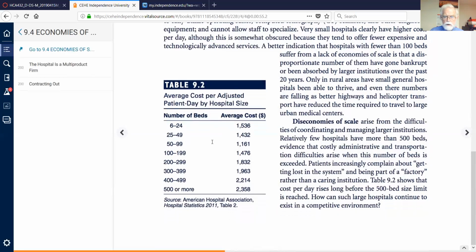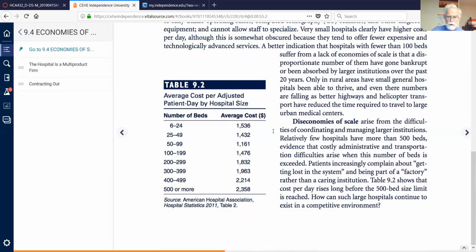And a large part of that, again, has to do with some of the differentials in cost. Again, it's overhead issues. When you start getting larger again, the overhead goes up because they're much more complex buildings.